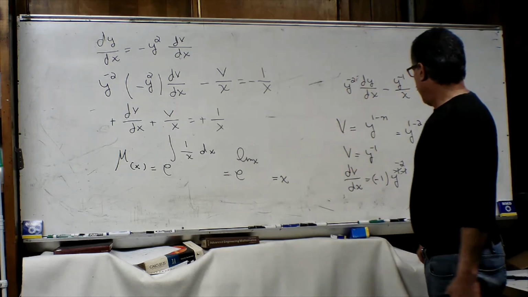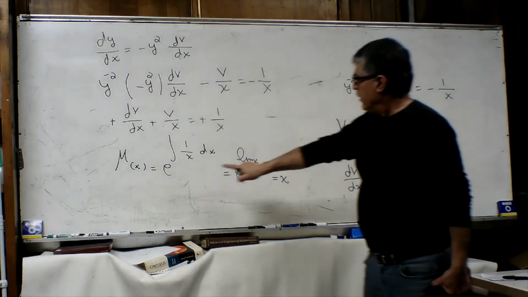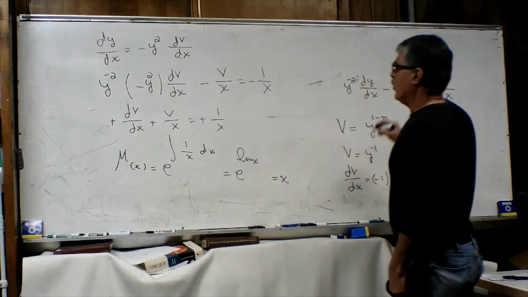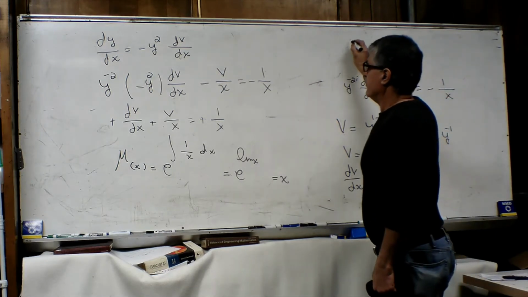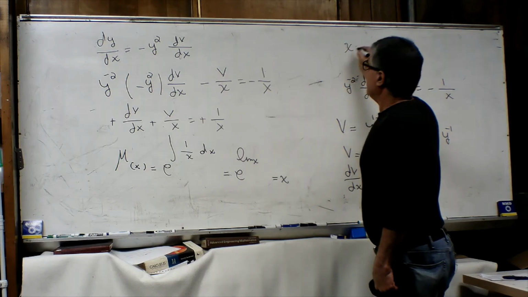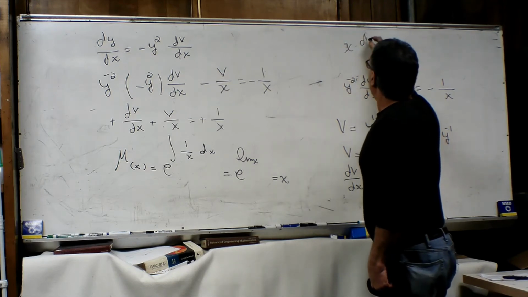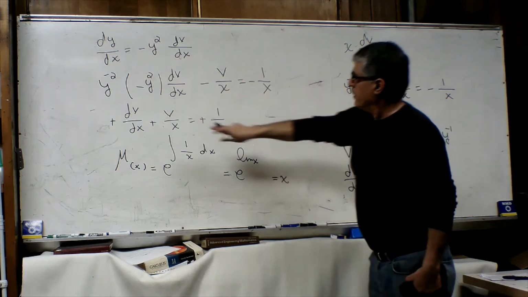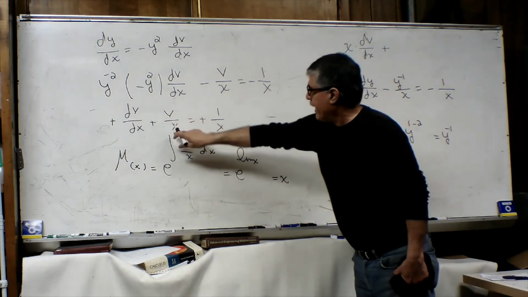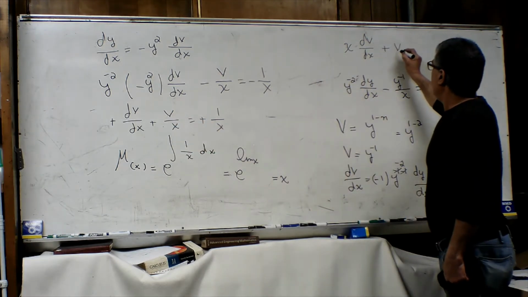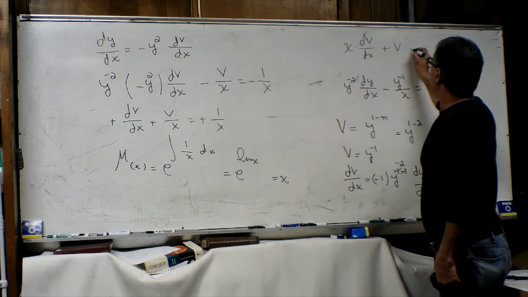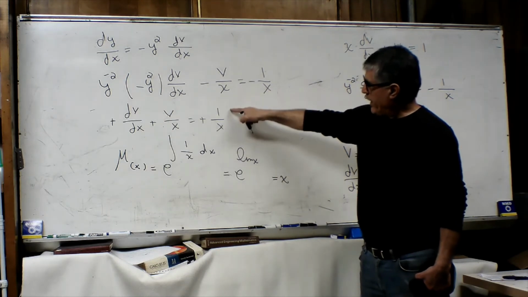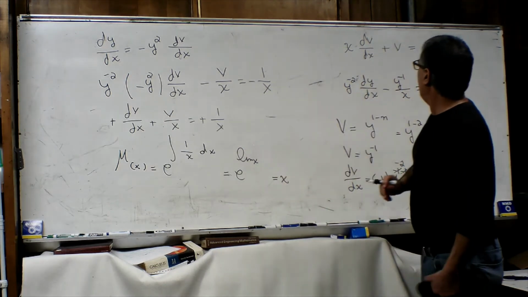So let's go ahead and multiply the integrating factor, which is x, in this equation now. We are going to have x dv over dx plus, x and x will cancel out, plus v is equal to 1. x multiplied by 1 over x, x and x cancel out, we are going to have 1.